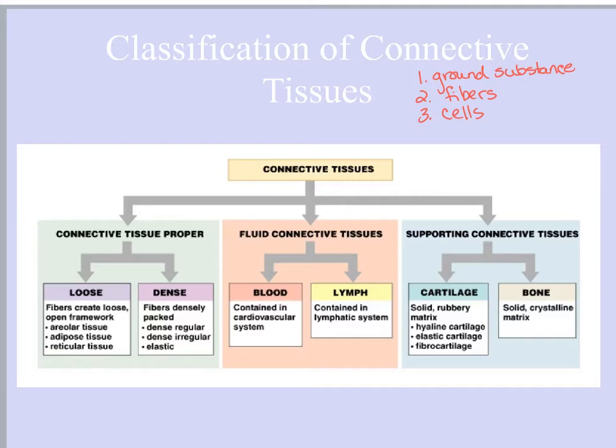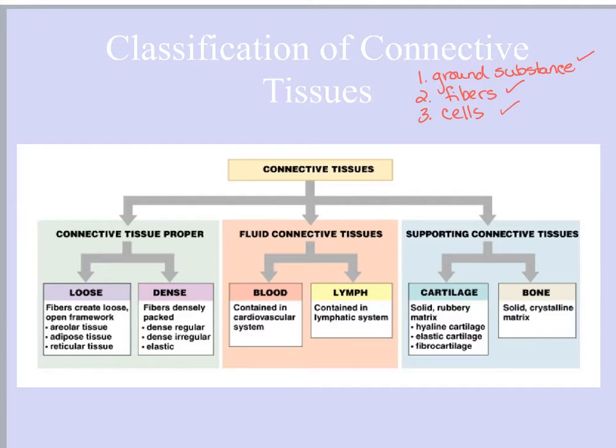Now remember, as the ground substance consistency changes, or the fibers are different, or the cells are different, this creates slightly different structures in the connective tissue, which also creates different functions. And with different functions of connective tissue, that means the different types of connective tissues will be found in different locations.